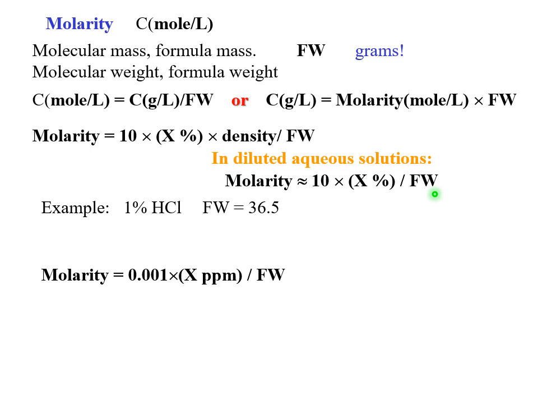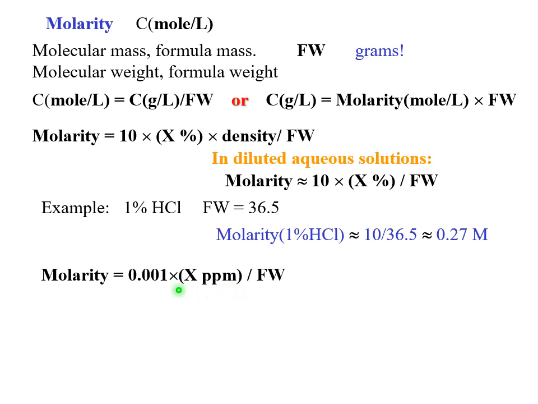So for example, 1% HCl approximately will take approximate formula weight of 36.5, and our molarity will be 10 divided by 36.5, 0.27 moles. You also can use micrograms per ml or ppm units.